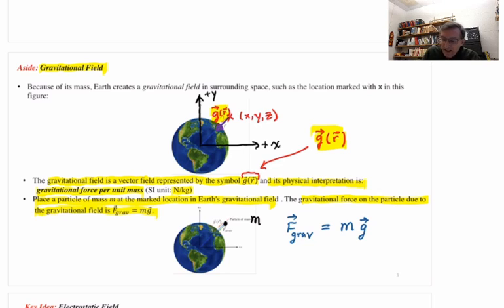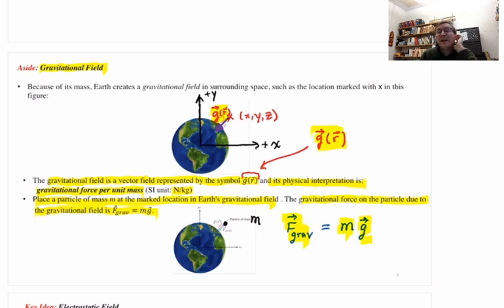And note, since m, of course, is a scalar, mass is a scalar, and it's positive, the force vector, F grav, is in the same direction as the gravitational field vector, g. Okay, so with knowledge of gravitational field at a given point, then you can calculate the gravitational force on any particle that's put at that point.